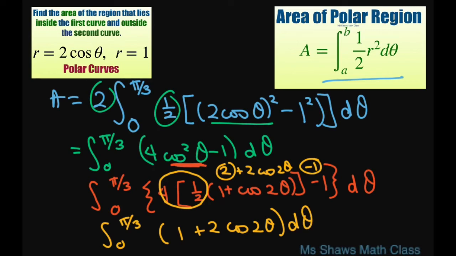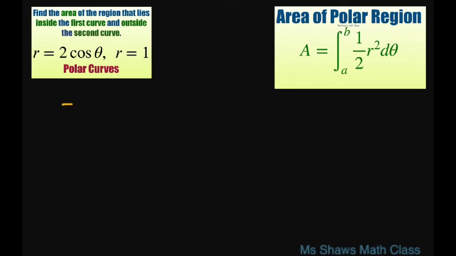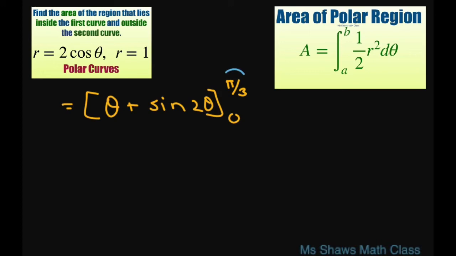Now we can integrate this, so let's do that. We're going to get theta plus sine of 2 theta, and we're evaluating it from 0 to pi divided by 3. At 0, it's just going to go away, so we only have to use this upper limit.